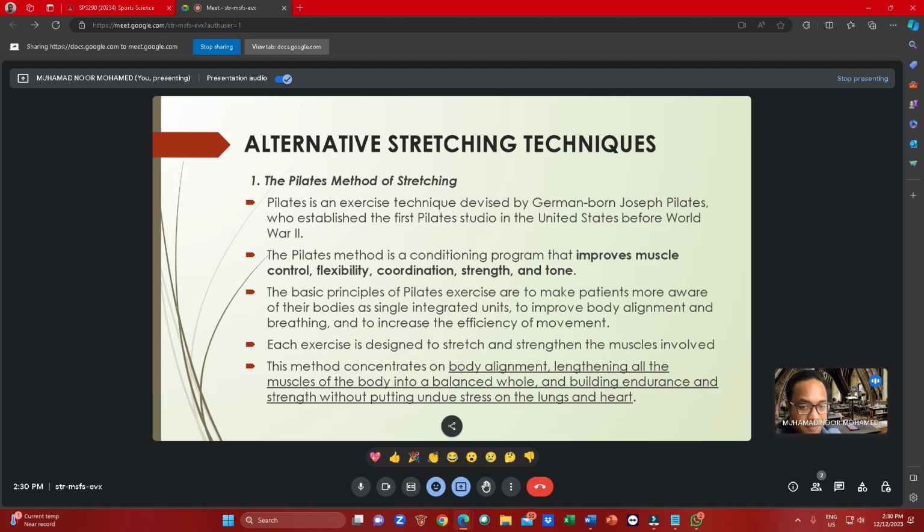The basic principle of Pilates exercise is to make patients more aware of their body as a single integrated unit rather than separated muscles. Each exercise is designed to stretch and strengthen the muscles involved. This method concentrates on body alignment, lengthening all the muscles of the body into a balanced whole and building endurance and strength without putting undue stress on the lungs and the heart.